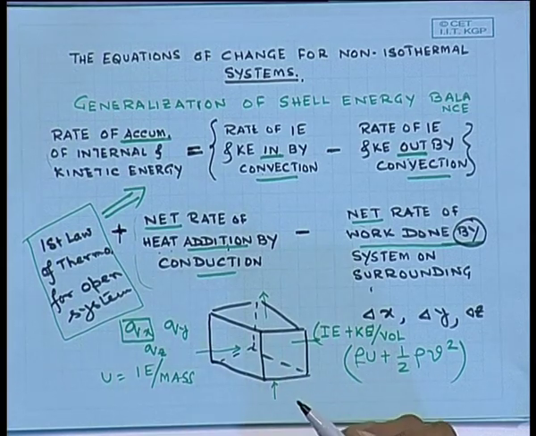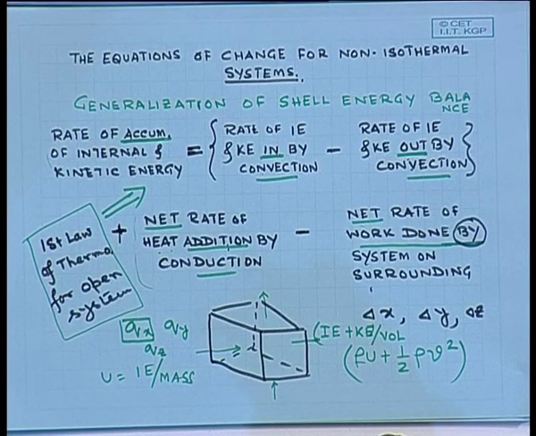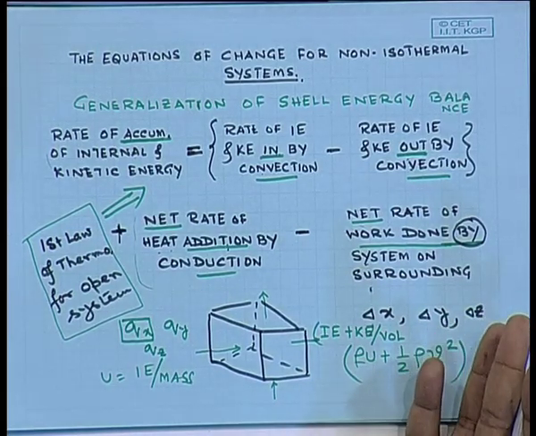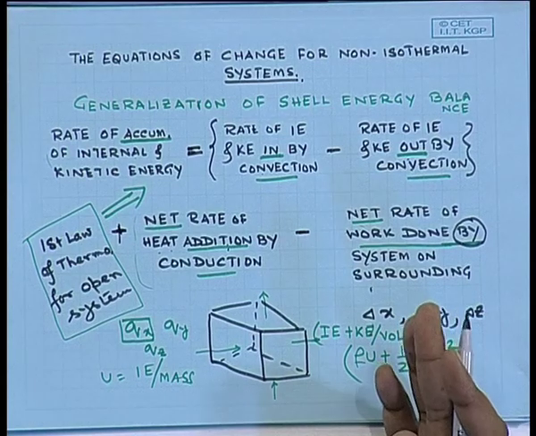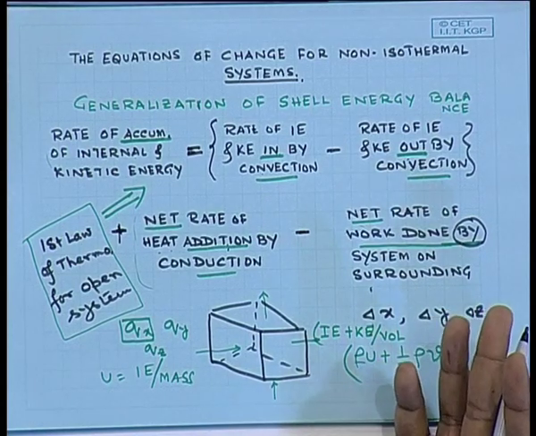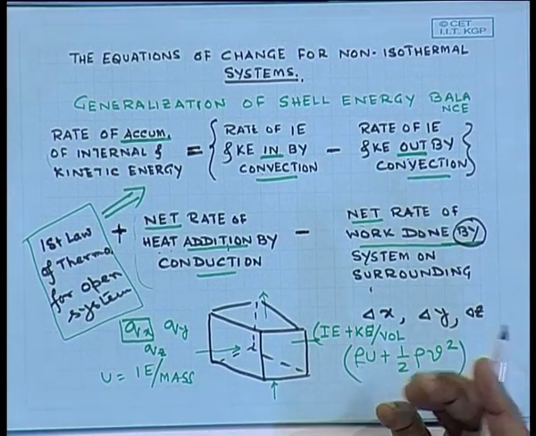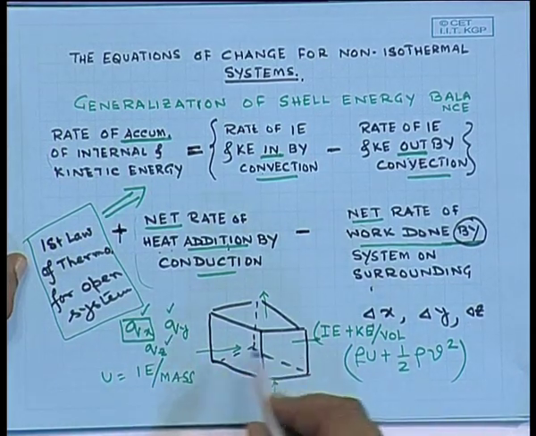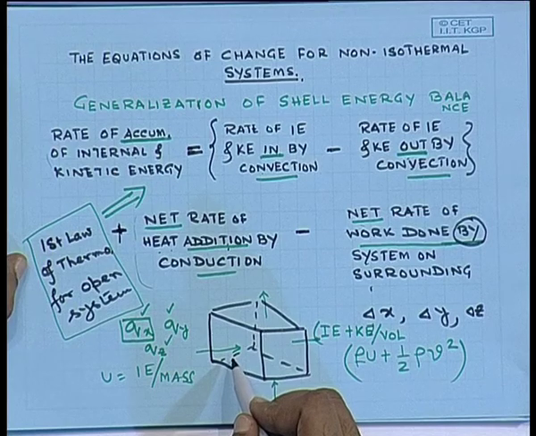I will repeat my statement again. Through the introduction of Qx, I am introducing the temperature gradient, because Qx is related to the temperature gradient by Fourier's law. Qx is simply equal to minus k dT dx. So, introduction of Qx, Qy and Qz essentially brings the temperature gradient into this equation.